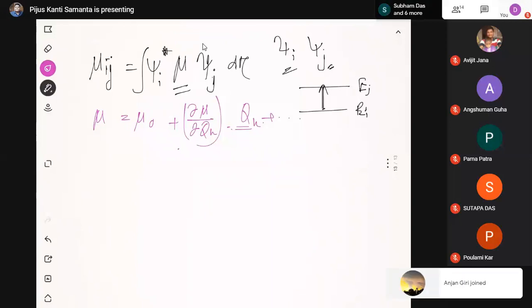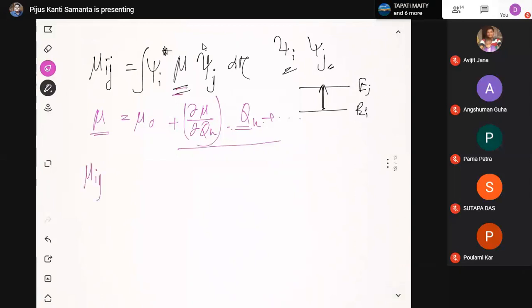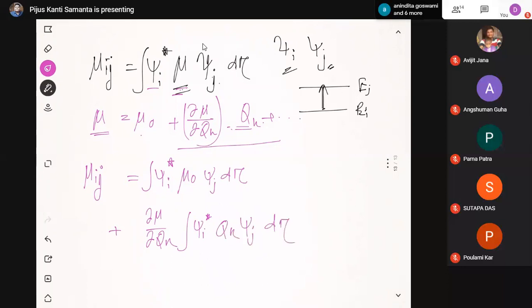If we put this mu value in, the transition probability, the dipole moment mu ij, becomes the integral of psi i star mu0 psi j d tau for the first term, and the second term is del mu del qk times the integral of psi i star, the normal coordinate, psi j. The mu0 has a constant value, so you can take it out.